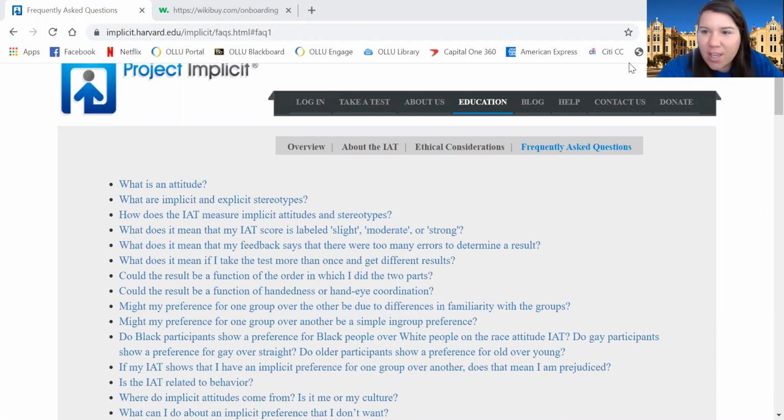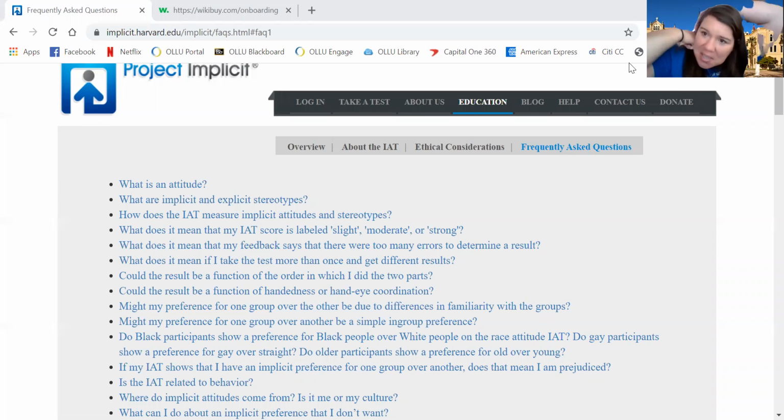I wanted to take a quick moment to talk to you guys about these implicit bias tests that you are taking. I really want to encourage you to approach these tests with an open mind. You are all still students, and as social work students, we want to really focus on self-awareness.